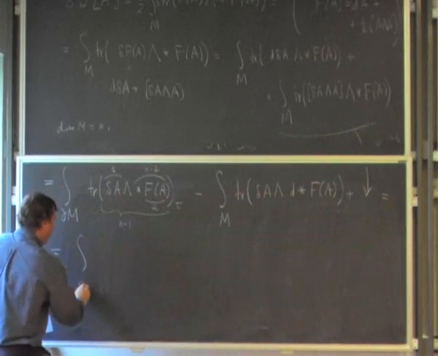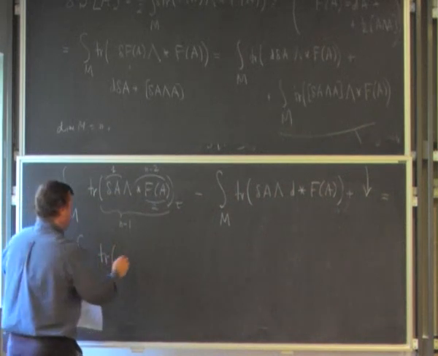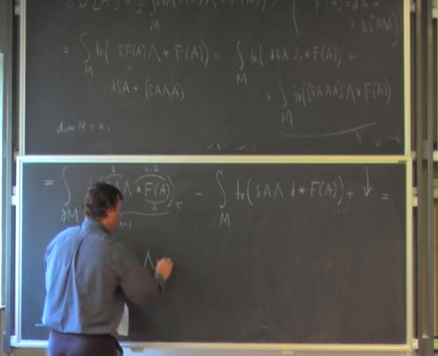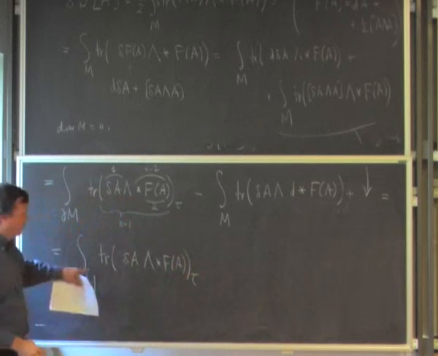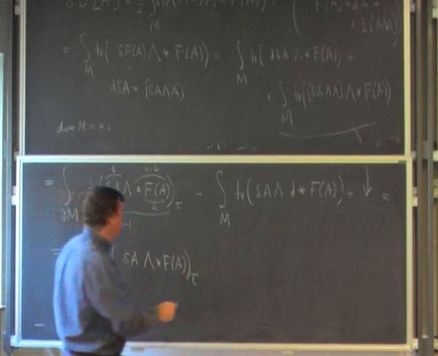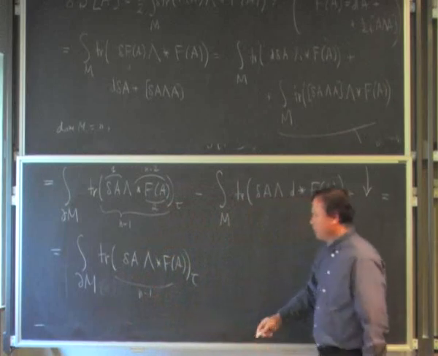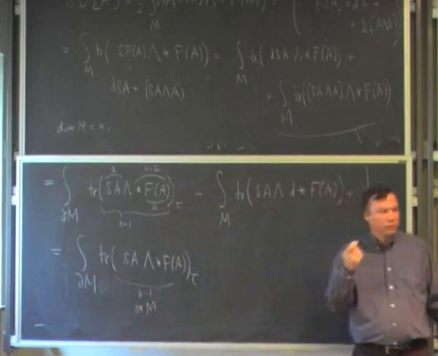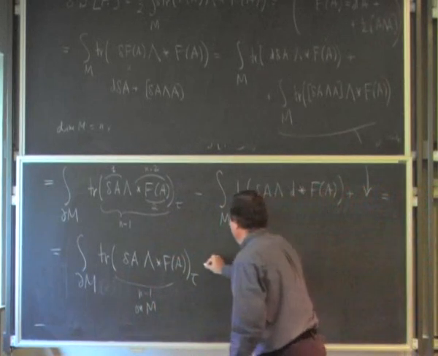So altogether it will be the integral over the boundary of trace. I will not do anything with this expression yet. So it is still the tangent part of this n-1 form. This is the n-1 form on M, and we take its tangent part at the boundary.